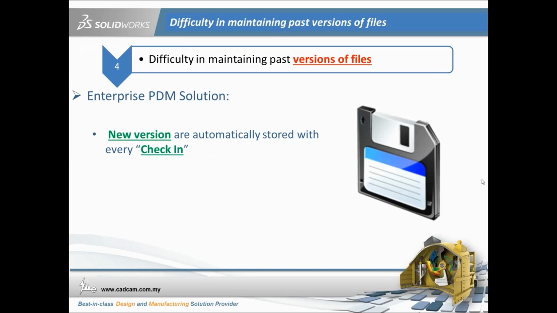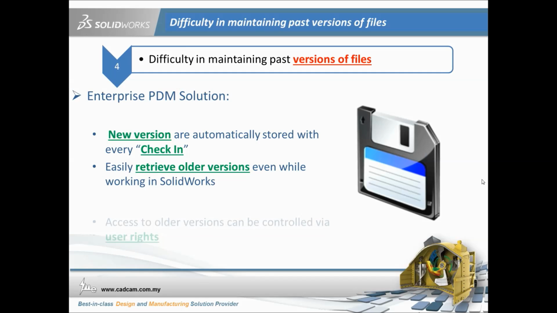EPDM provides a solution that automatically saves versions with every check-in or upload to the server, and you can easily retrieve the previous version from the revision list, whether you are working in Solidworks or not. Both ways are valid.